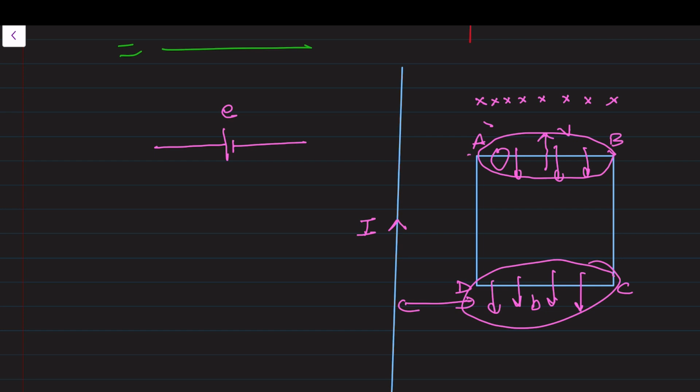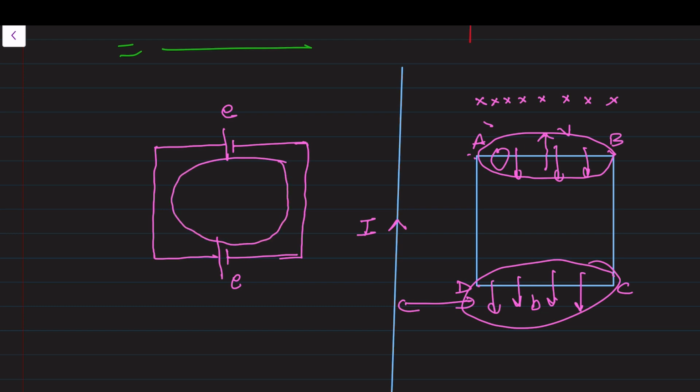EMF induced for AD will be 0. And for DC again it will be E. And for BC it will be 0. So what is the net EMF induced along the loop? Minus E plus E equal to 0.